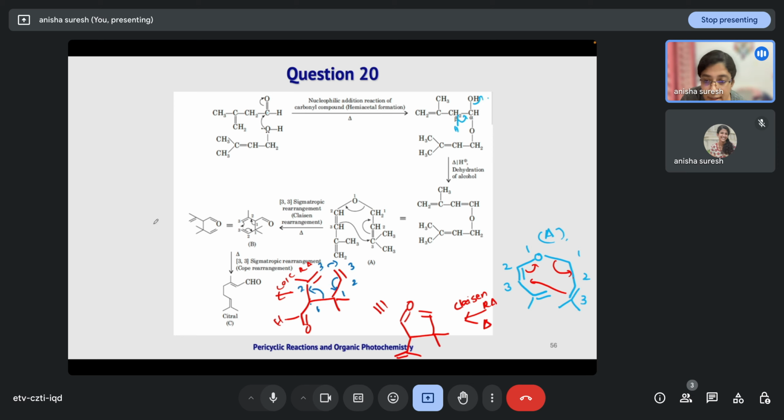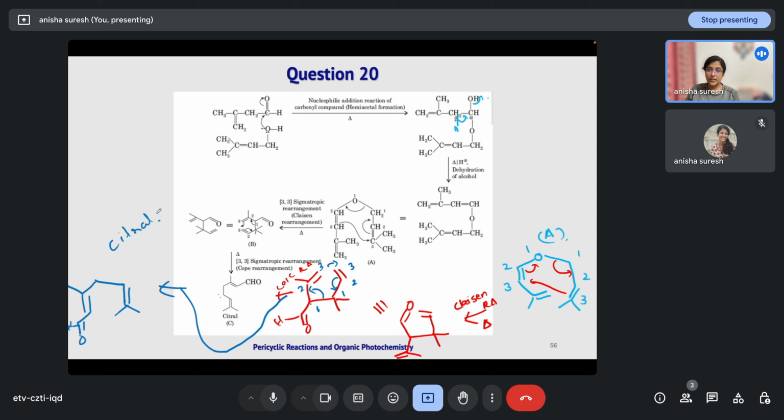Okay. It is undergoing a Cope rearrangement and we are resulting in the formation of this as the final product, which is an alpha beta unsaturated aldehyde. It is known as citral. Okay, this is known as citral.